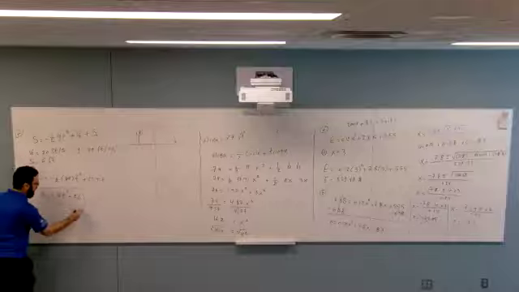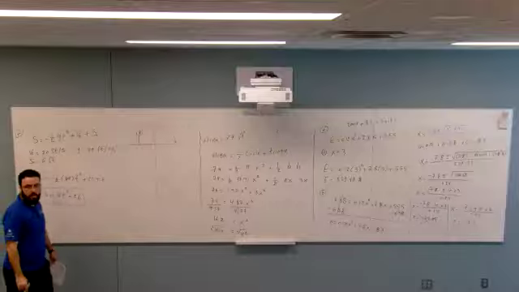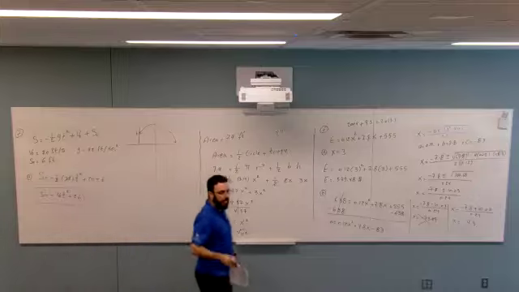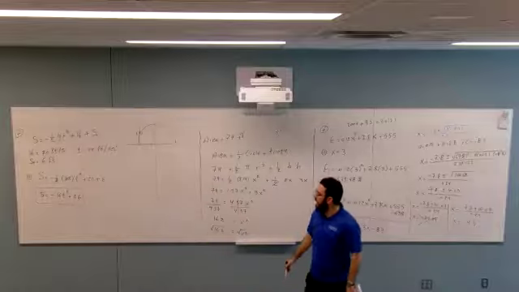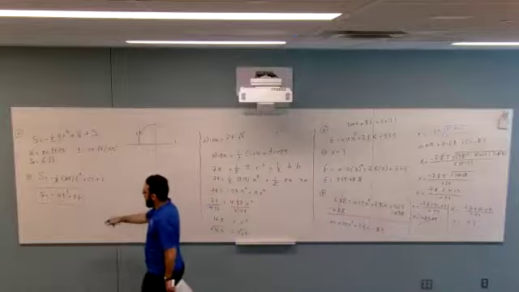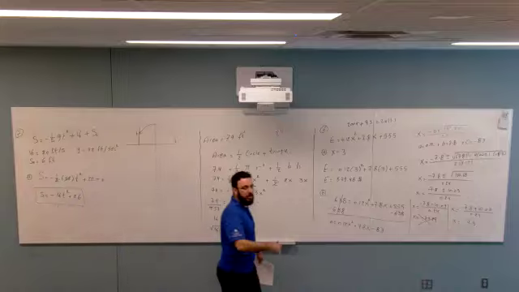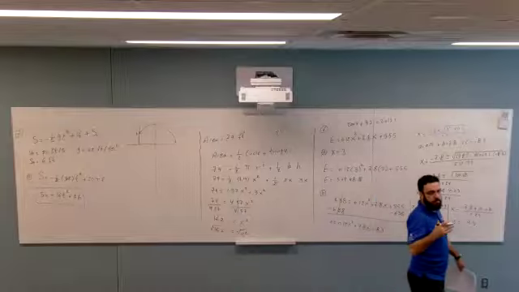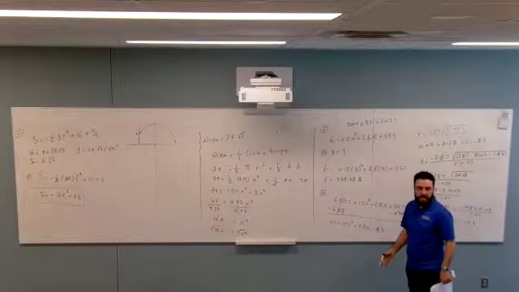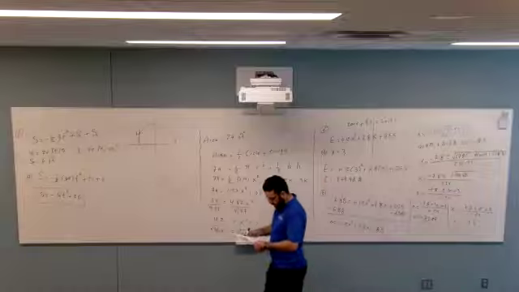That's it, done. This is the model we're going to use. T refers to the time, okay? So this is part A. They ask you to just write down the model. You have the formula, just plug in the numbers. That's it.